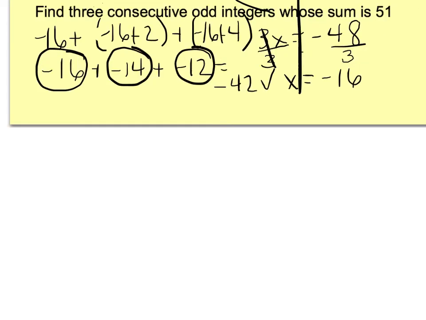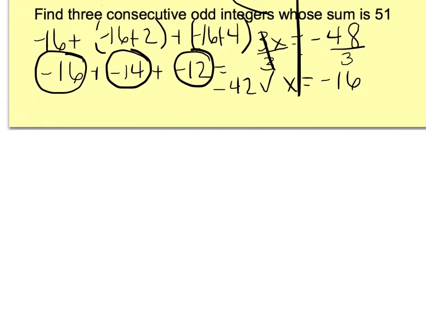Okay, so I'm actually just going to move it up and rewrite what it is. Okay, so I want to find 3 consecutive odd integers whose sum is 51. Okay, so odd numbers are like 1, 3, and 5. Okay, these are consecutive and they're odd integers.